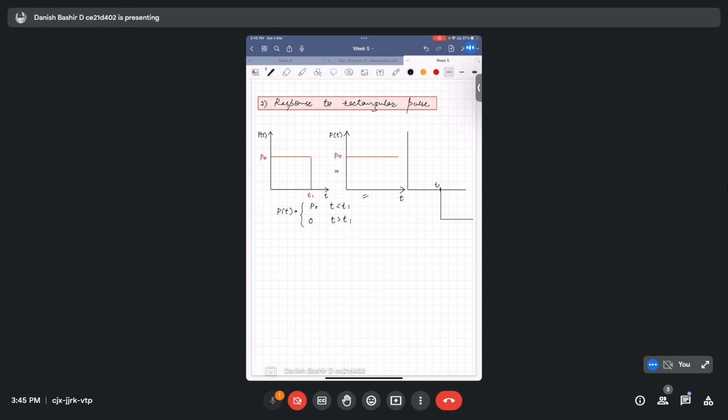If I extend this graph line like this one, it has a value of minus P naught. If I add these two, first and second, I will actually get the rectangular pulse, because after time t1 these two pulses cancel each other and give the rectangular pulse. So this is one and two.